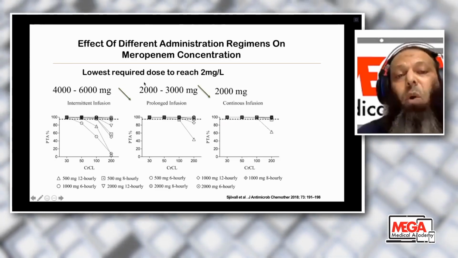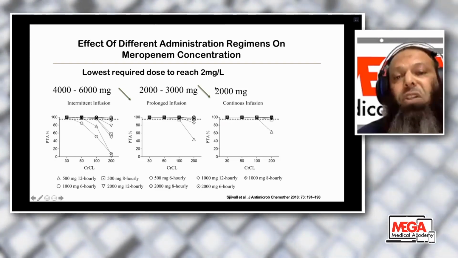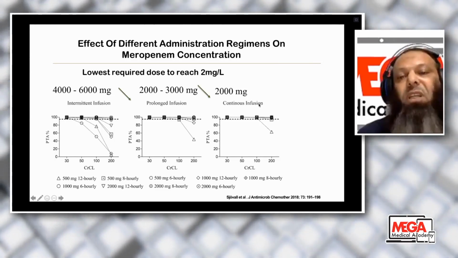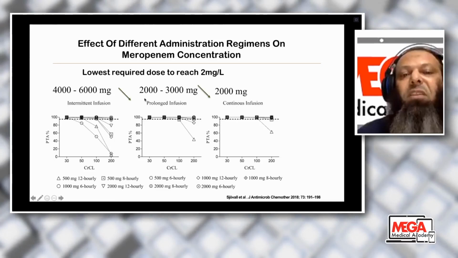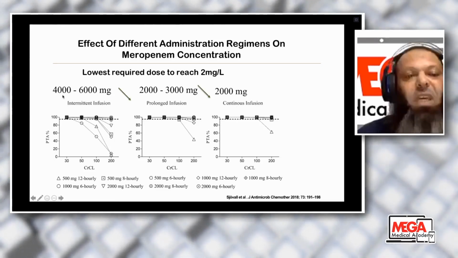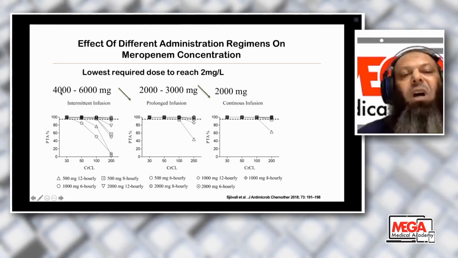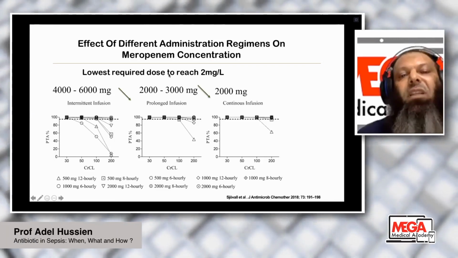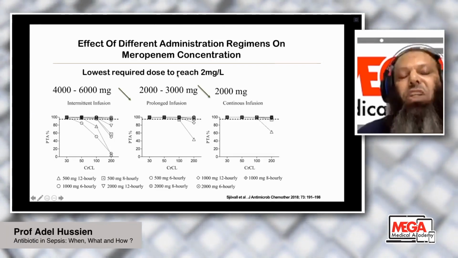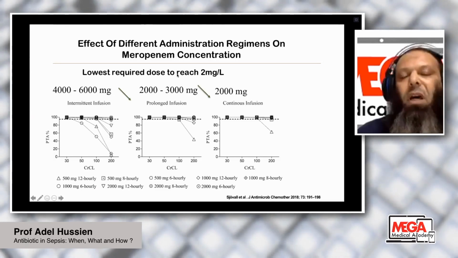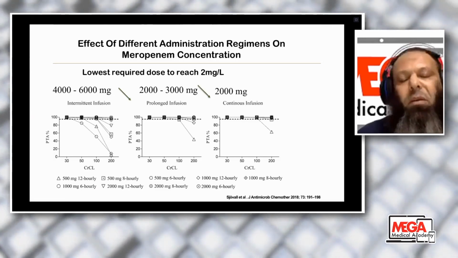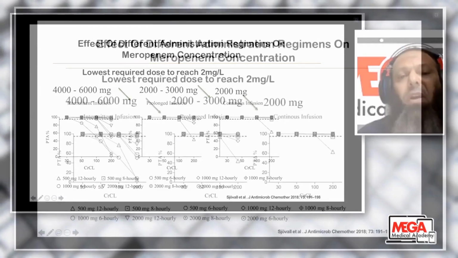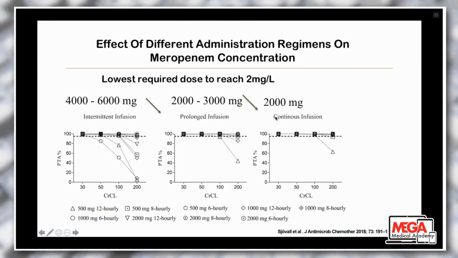If you look here, the lowest required dose to reach 2 milligram per liter was with the continuous infusion. Intermediate was with prolonged infusion, but with intermittent you need 4 to 6 grams to reach the lowest dose, or the MIC. So it is better with prolonged infusion, and much better with continuous infusion.